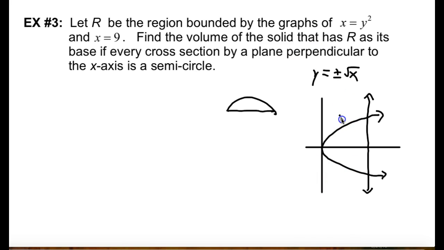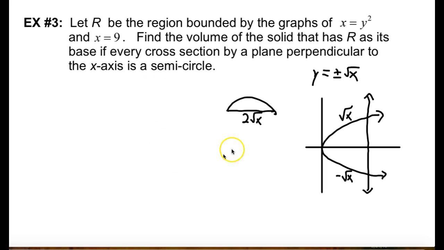If I'm saying this is positive square root of x and this is negative square root of x, I'm just saying, well, square root of x minus negative square root of x would give me that that distance is 2 square root of x.